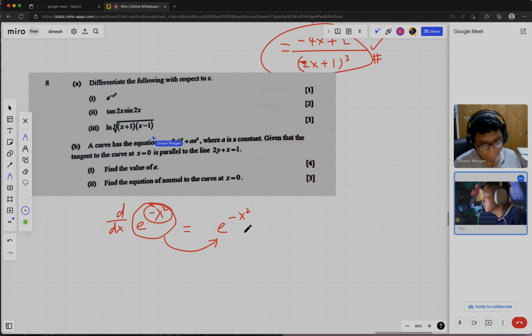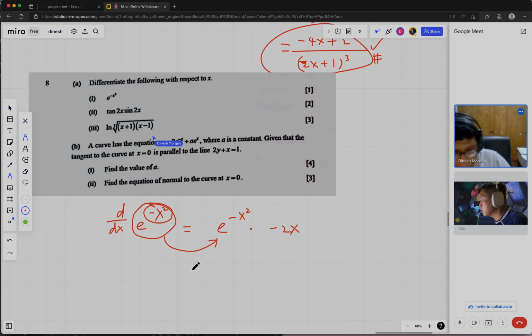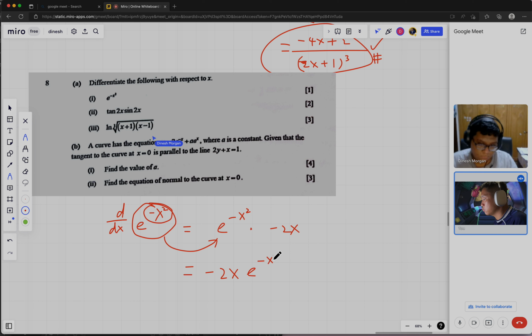Then I will get negative 2x, right? That's all. It's like peeling back the layers, one layer, second layer, until you finish it. So this is negative 2x e to the power of negative x squared.